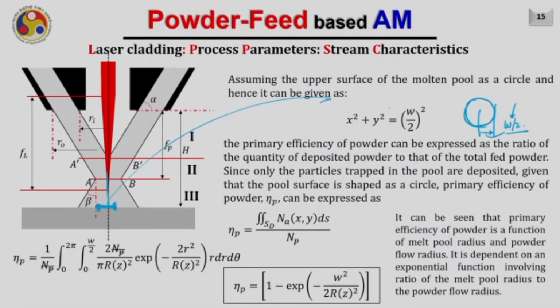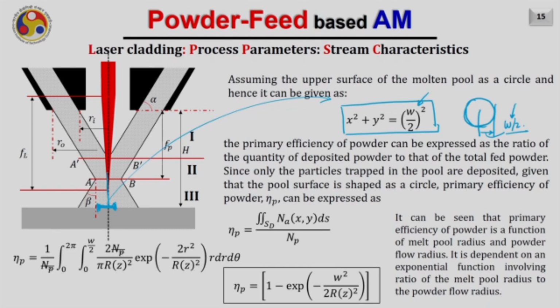Therefore, if I am assuming that the width of this zone is W, then the spot size should be assumed to have a radius of W by 2. So, I can say that the molten pool is shown by the boundary x square plus y square equals (W by 2) square, where W by 2 is nothing but the radius of the circle.